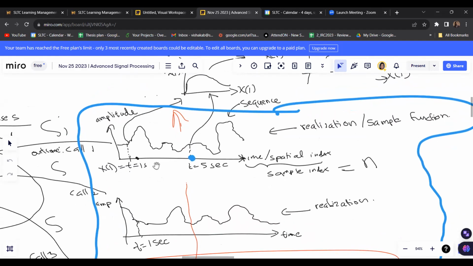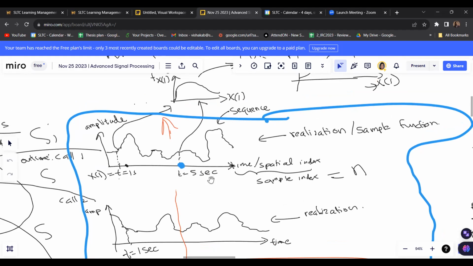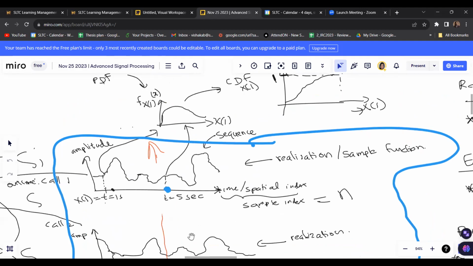Likewise, we can do the probability density function analysis for each time instance of the realizations or of the ensemble, right? So for t equals 5 seconds, we can take the amplitude of all the different realizations, and we can plot the probability density function related to the amplitudes that we observe at that time instance.